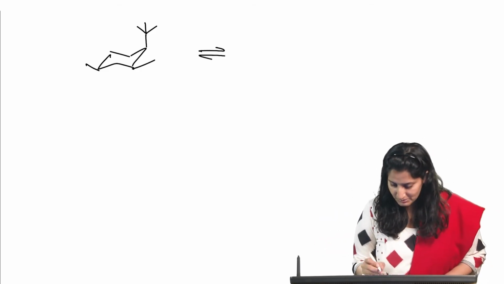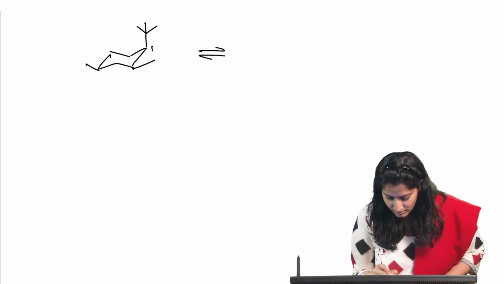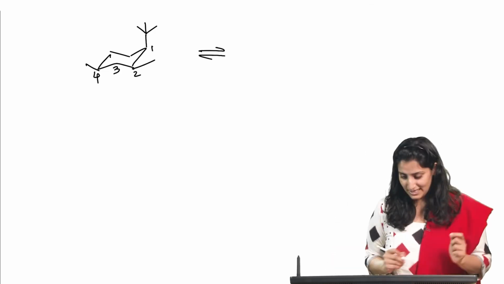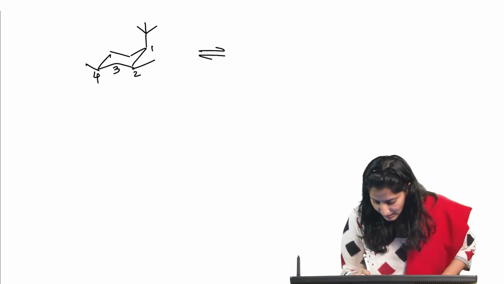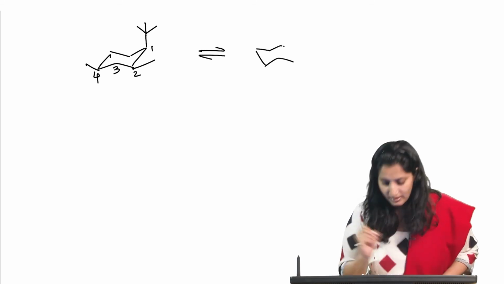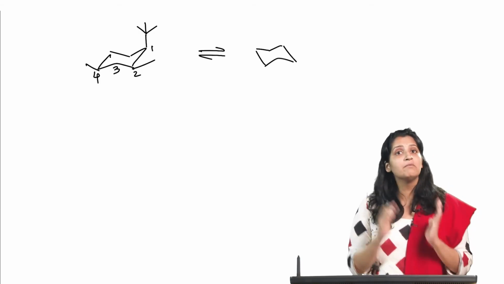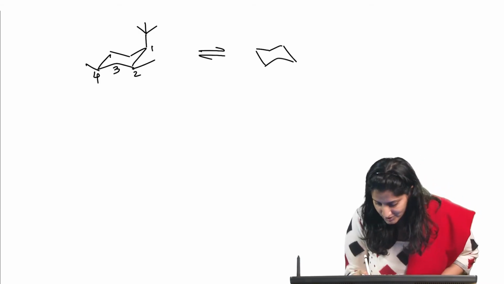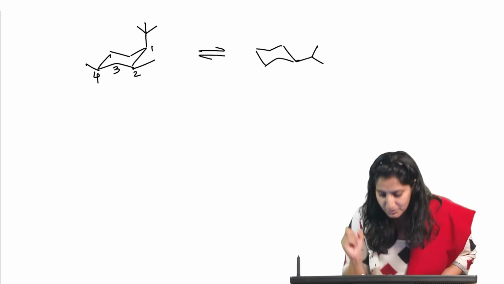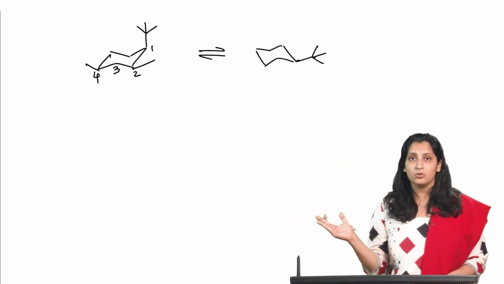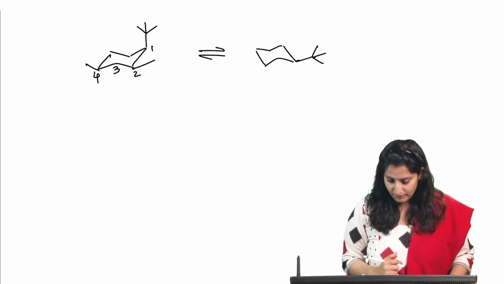What I am going to do is first number the carbons. This is very important to not make a mistake. So, I number the carbons, and now I have this particular chair flip. I know that the head becomes the leg of the chair when the chair flips. So, this tertiary butyl which was going axial up will now go equatorial up on the chair flip.